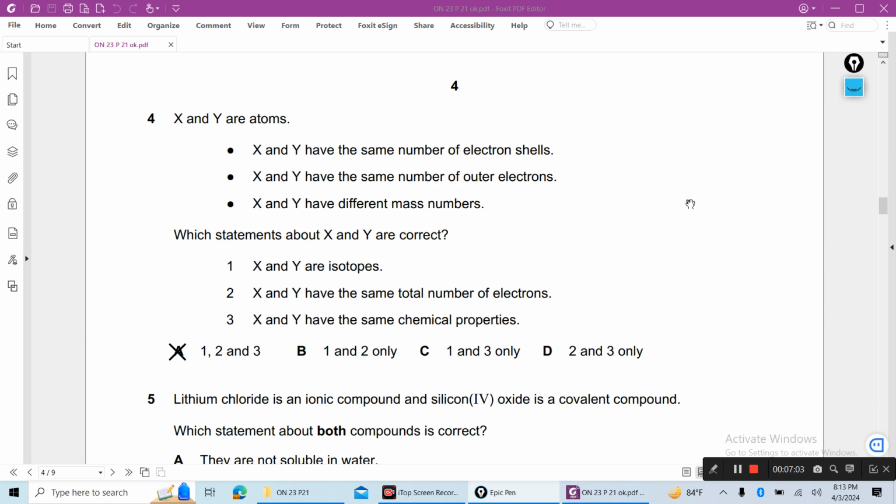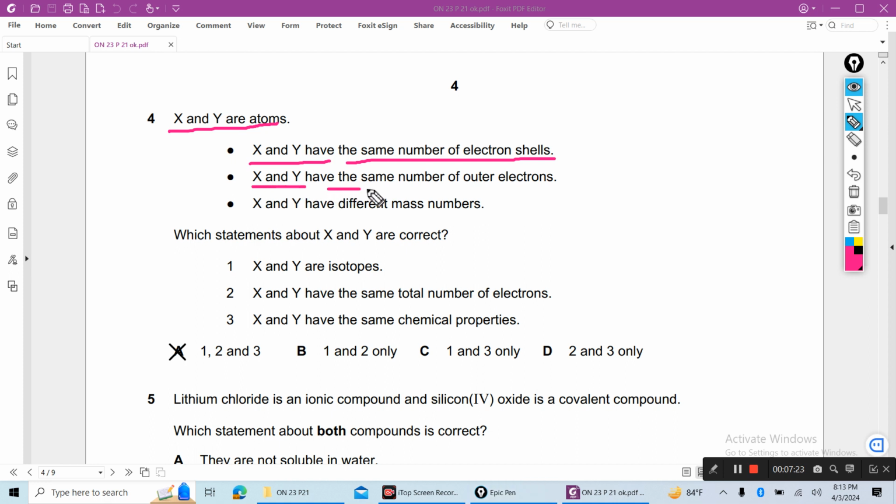Now number 4. Number 4 is asking you: X and Y are atoms. X and Y have the same number of electron shells.